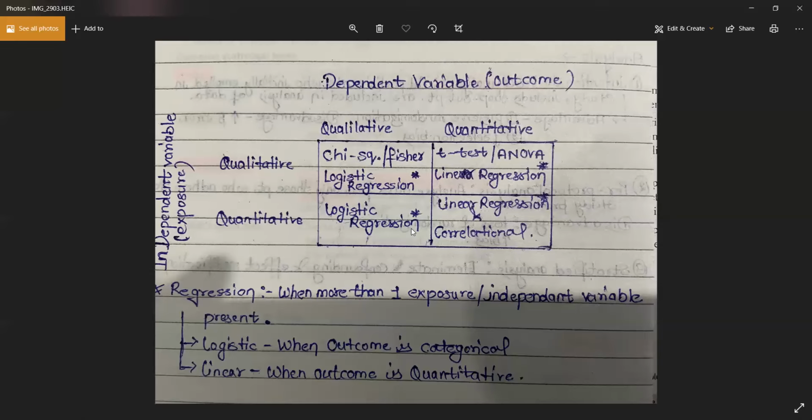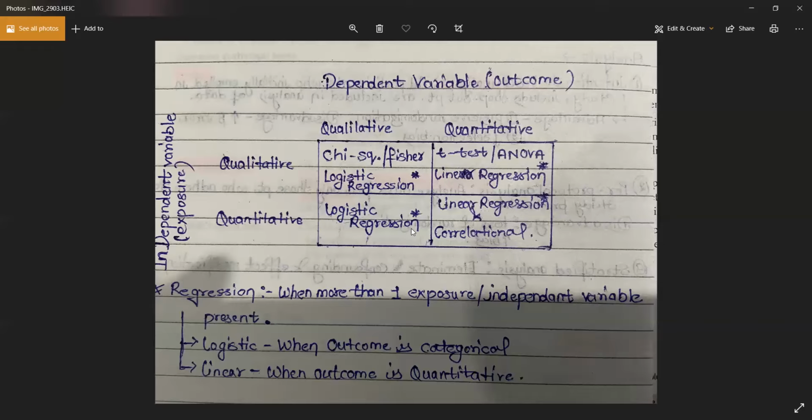Okay, and whenever there are multiple exposures and the outcome is a quantitative outcome, like, say, certain vitamins which are increasing the iron level in your body, vitamin X or vitamin Y or no vitamin, and you want to check the iron levels which are affected by these vitamins. So basically you created three means.